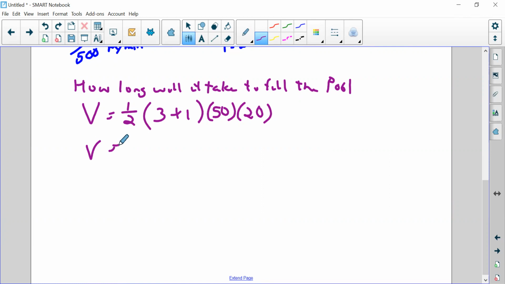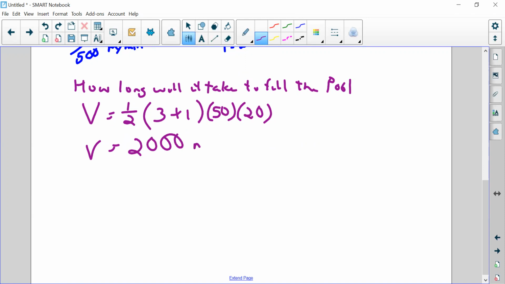So 1/2 of 4 is 2, and then times 50, times 20. Well, 2 times 50 is 100, which gives you 2,000.